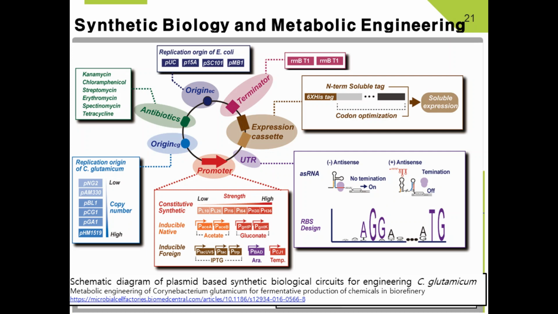Now a plasmid would have these components in it: an origin of replication, a terminator, expression cassette, promoter, UTR, antibiotics. Going back to UTR, UTR is an untranslated region. So it refers to a coding sequence on a strand of mRNA.